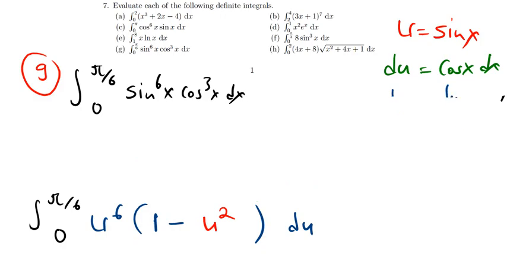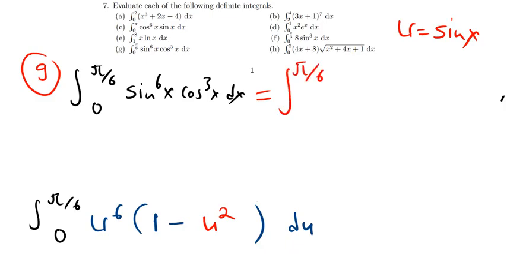So on this next step, you can just confidently substitute. So we've got pi over 6, 0, and then you have u to the power 6 minus u to the power 8, that's now du, right? So we just move to the next step and do a normal integration.